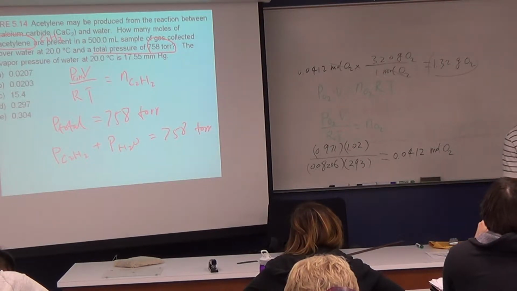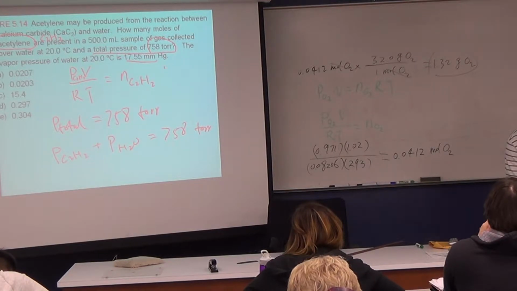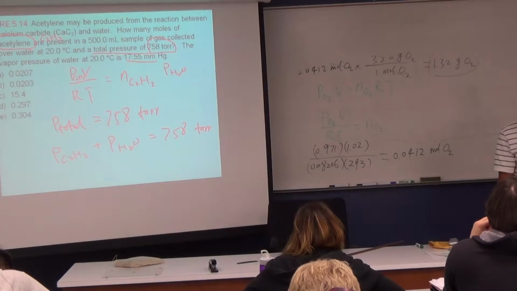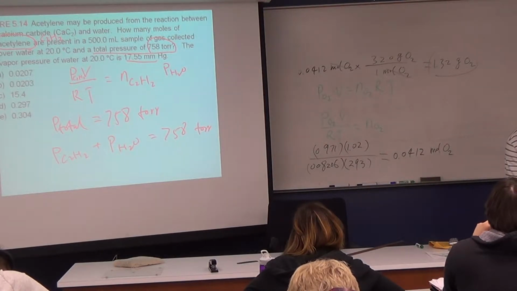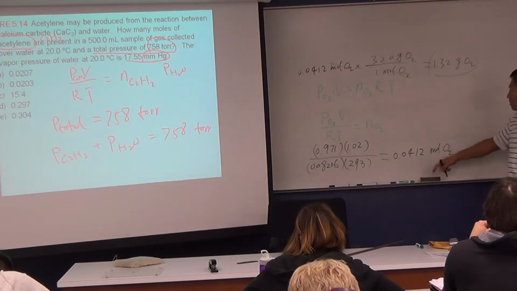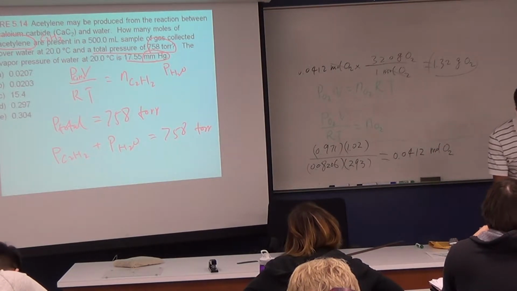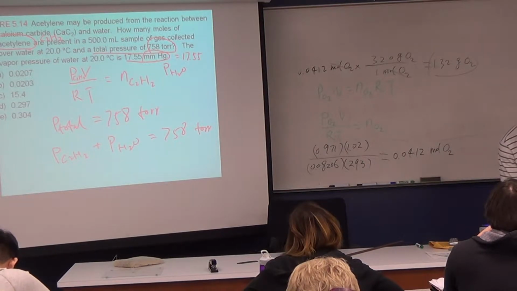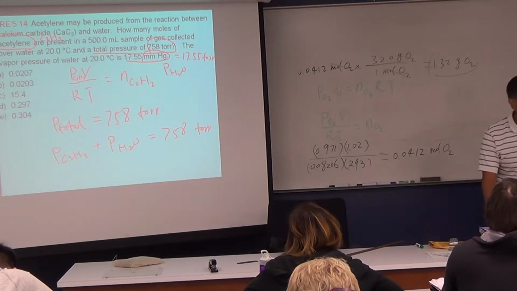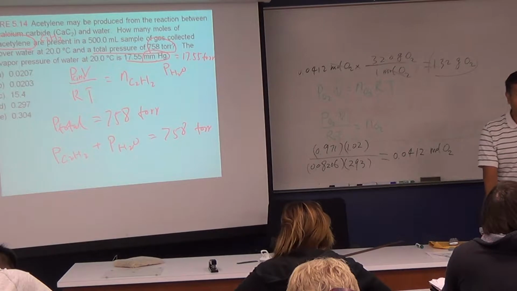You know the PH2O is 17.55 millimeters Hg. Millimeter Hg is the same as torr, because they are the same unit.